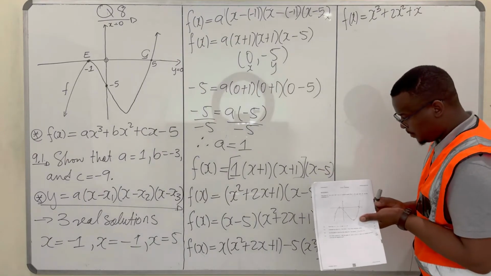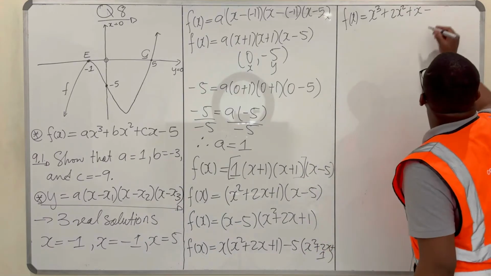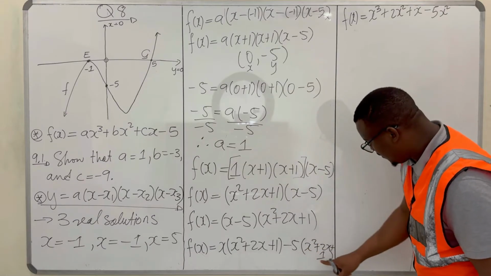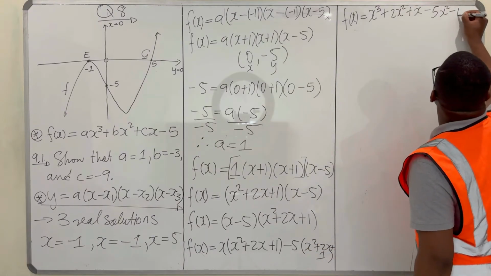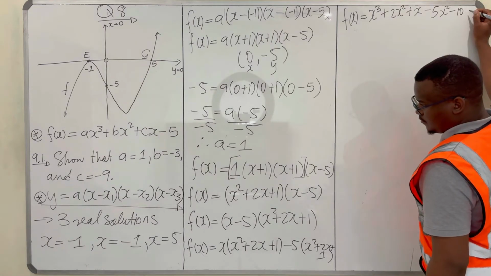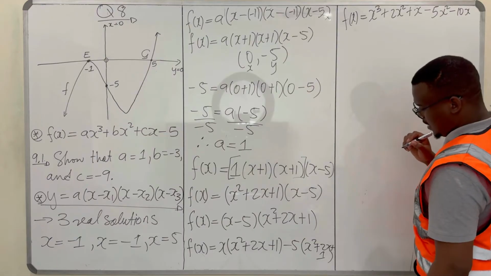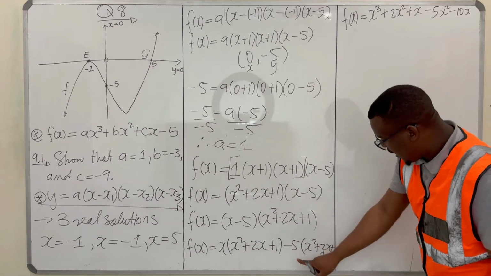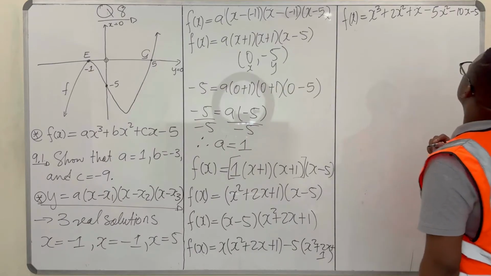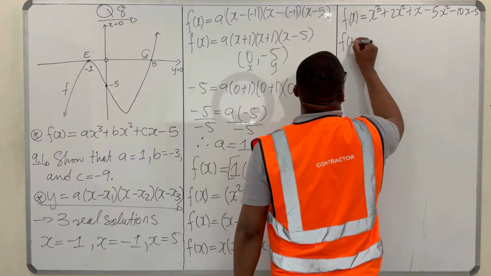Minus 5 times x squared is minus 5x squared. Minus 5 times 2x is minus 10x. Then minus 5 times 1 is minus 5. That's all we have. So let's collect the like terms.